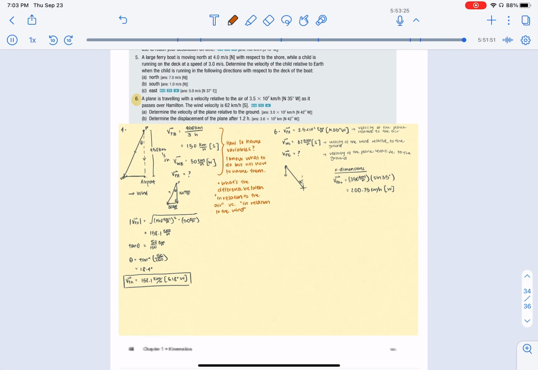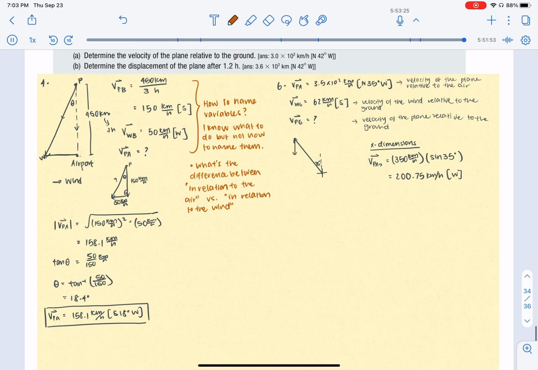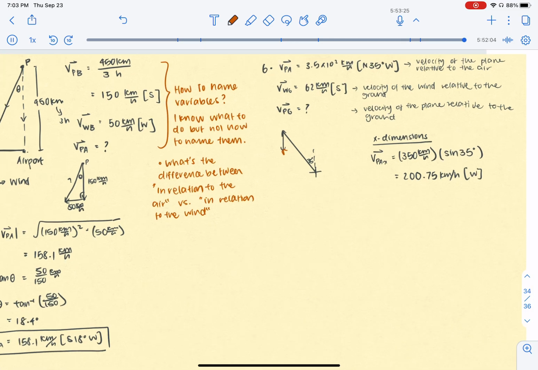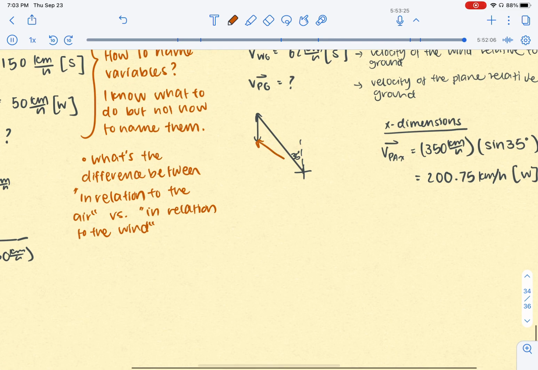If you break each one into components, north, south, east, west components, and put it together, this looks like your displacement question on the quiz today. Just instead of displacement, we have velocity.